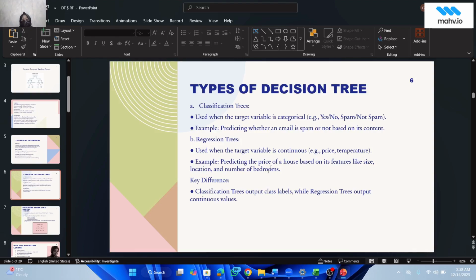In regression, we have continuous data and we also get output in continuous form, like predicting the price of a house based on features like size, location and number of bedrooms. So classification trees output labels, and regression trees output continuous values.